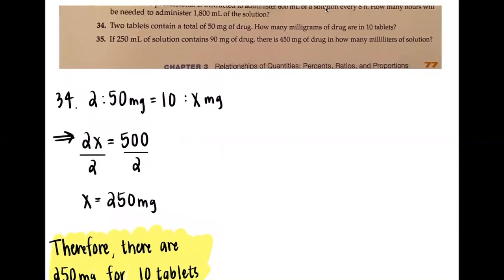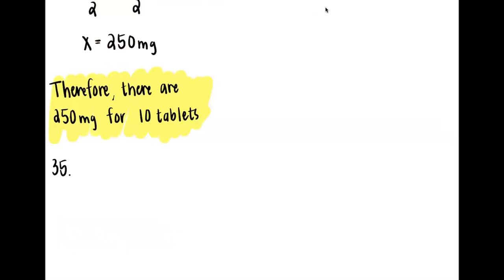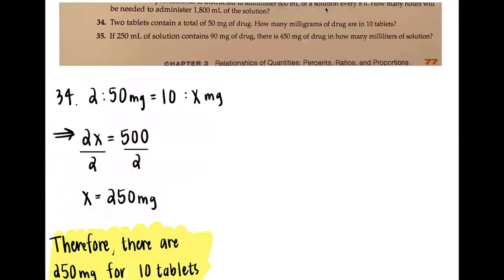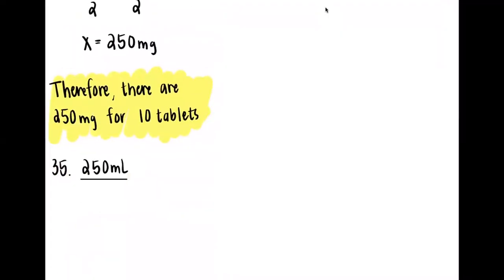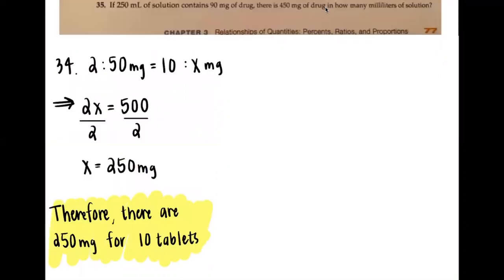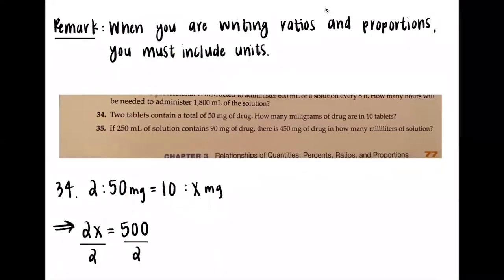So first we had 250 milliliters to, scroll up, 90 milligrams. So that's the relationship between milliliters and milligrams in this case. So 90 mgs. And that is equal to, they told us, there is 450 milligrams of a drug in how many milliliters?